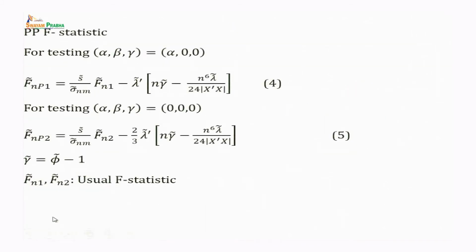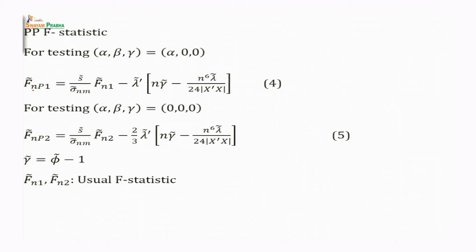And suppose you are interested in testing the simultaneous hypothesis (alpha, beta, gamma) equal to (alpha 0, 0, 0), which means you are interested in testing the hypothesis that beta is equal to 0 and gamma is equal to 0.